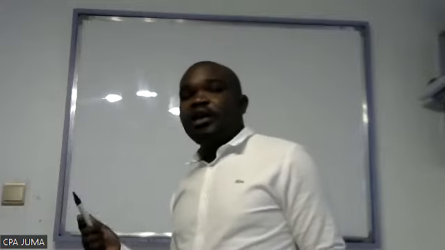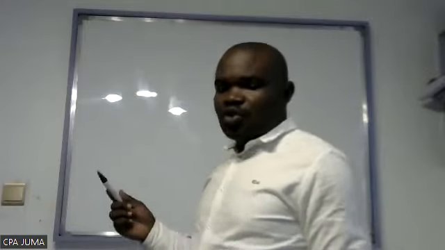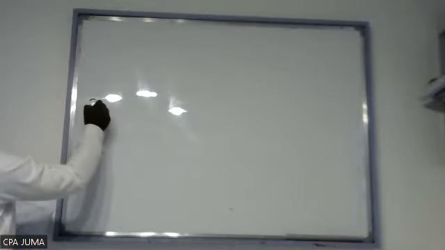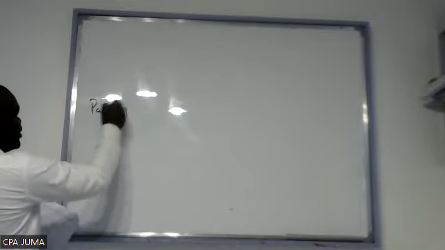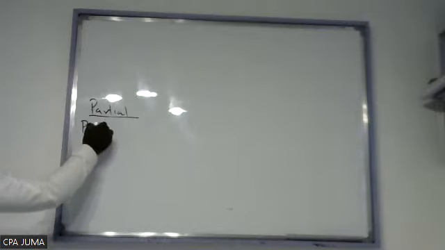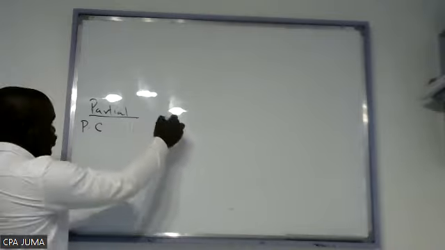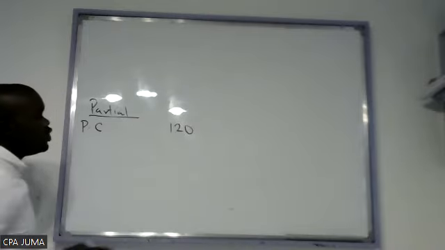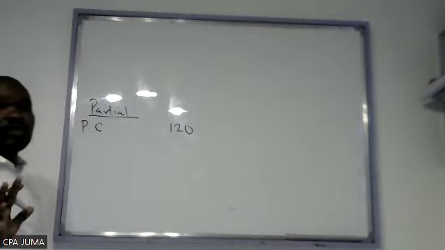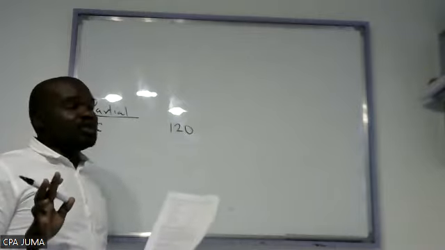So when using the partial, you only calculate for the parent. So you will take the purchase consideration. When it is partial, there is no need for you to write this. You take the purchase consideration, which they say is 120. Then you don't involve the minority. You only concentrate on the parent if it is partial.